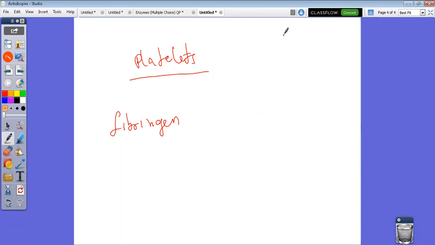We are done. You can read in that textbook, bio notes is also explained. We need to know that process of blood clotting. We are done for today.